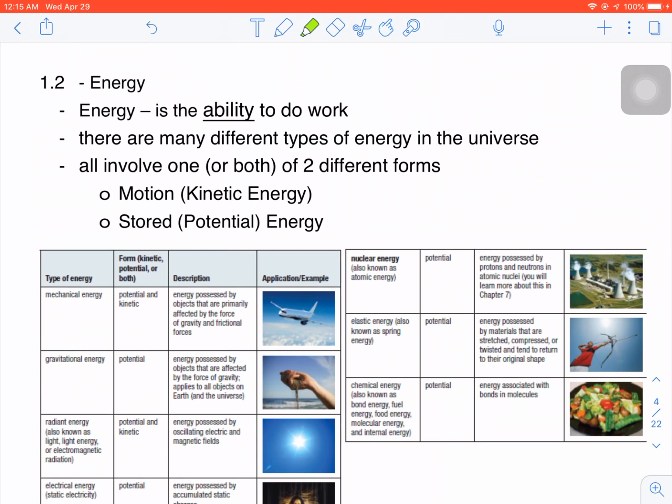The 2 basic forms of energy are motion and energy that is stored in one way or another, called potential energy. If I said to you, you've got the potential to be the next mayor of Hamilton, if that's a good thing, I'm not sure, that means it's within you. It's in your body. It's in your constitution. It's stored in you, and it has the potential to come out and do that. So the same thing with energy.